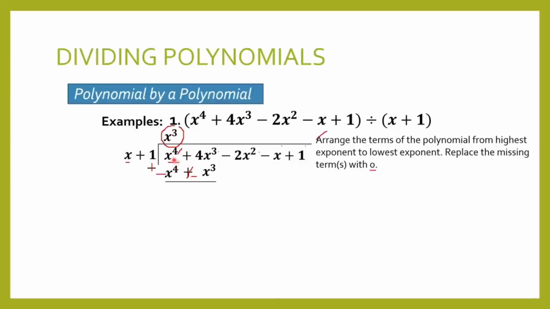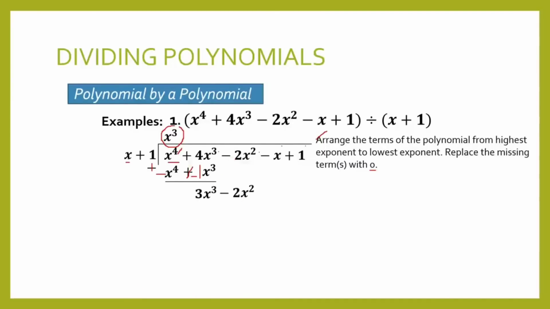So we have x raised to 4 plus negative x raised to 4 is equal to 0, so we don't have to put that. This time we add 4x cubed plus negative x cubed. The numerical coefficient of this is 1, so it's like we are subtracting 4 minus 1. That's why the result is 3x cubed. After that, we bring down negative 2x squared.